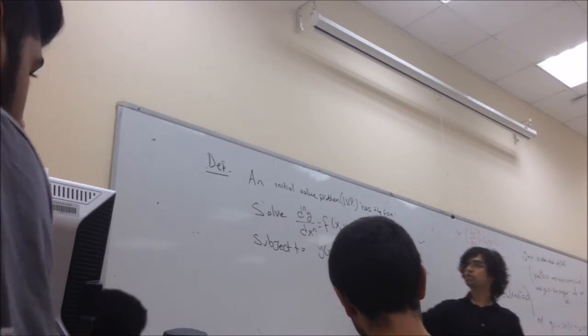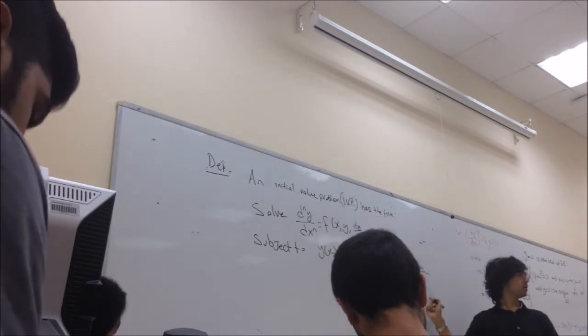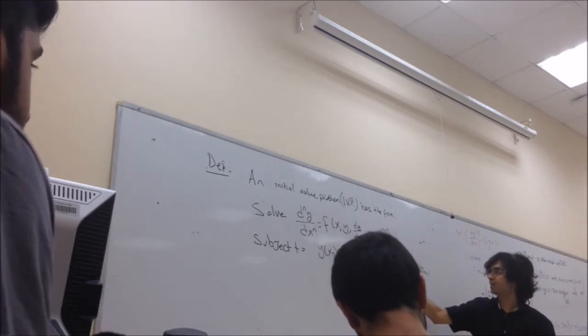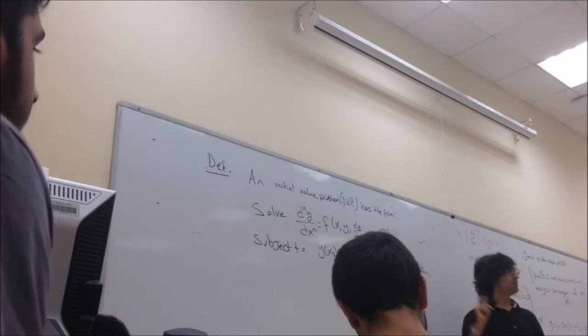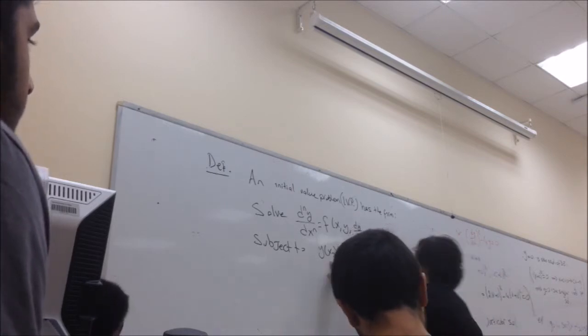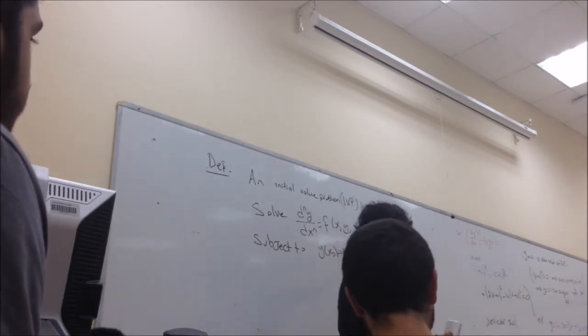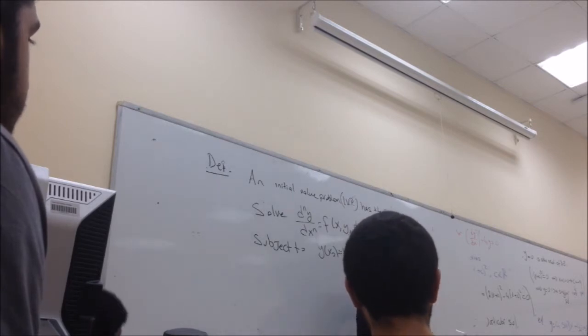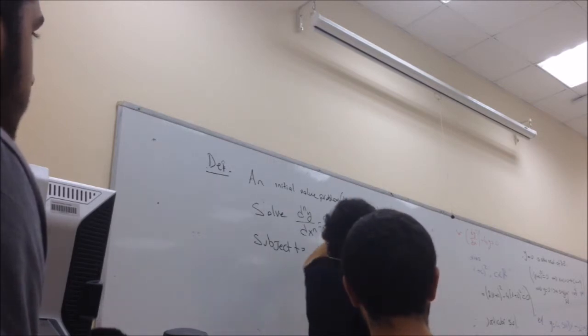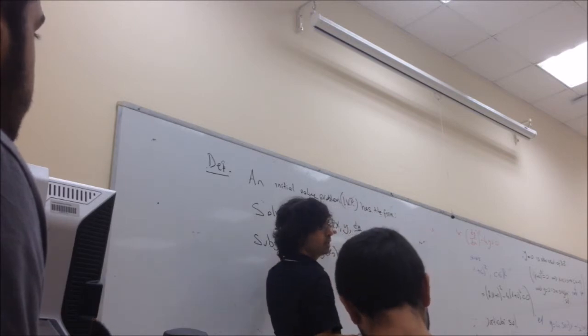By the way, how many conditions do you have here? Three? No, I mean, I just put 3 dots here. You have n conditions. This is the first condition, this is the second condition, and this will be the nth condition. You need n many conditions because this is an equation of order n.